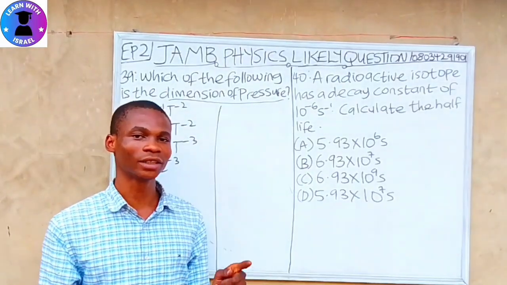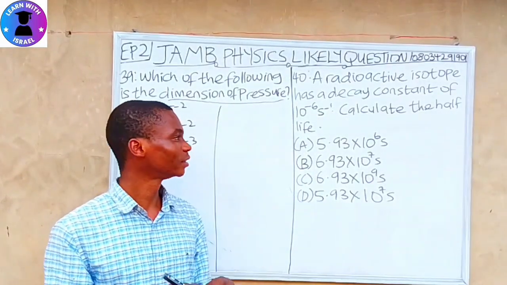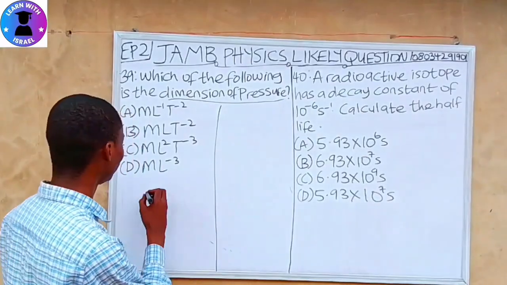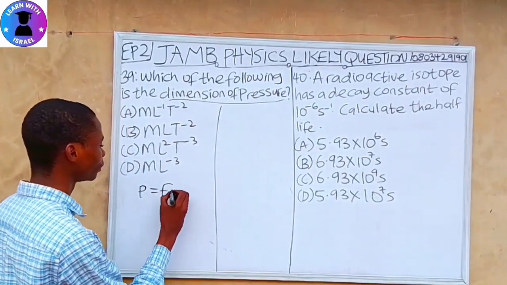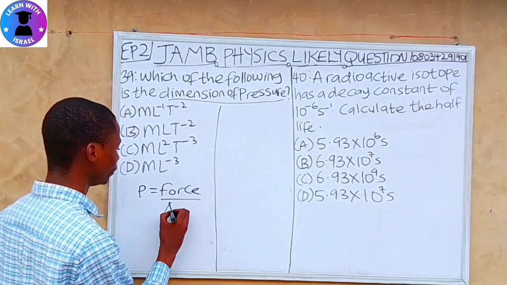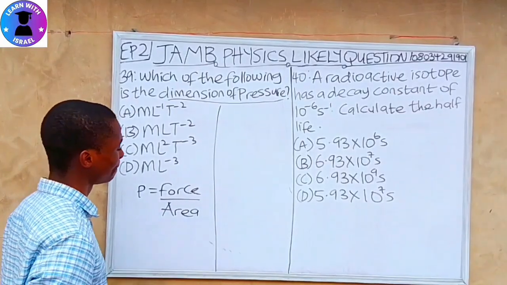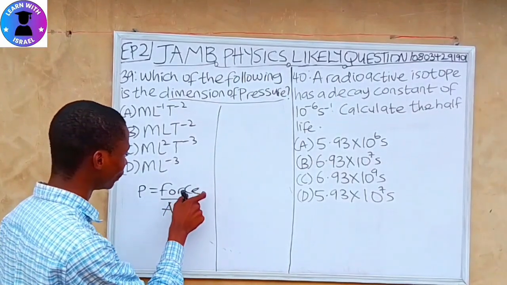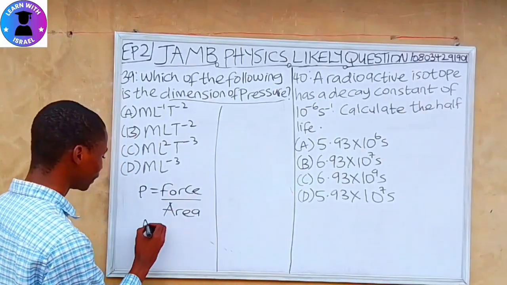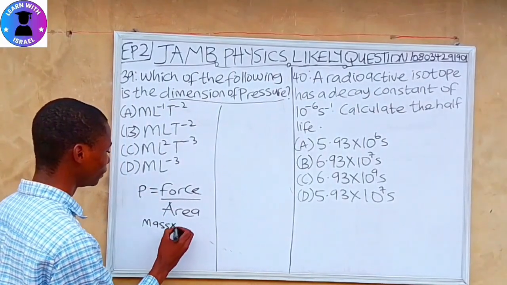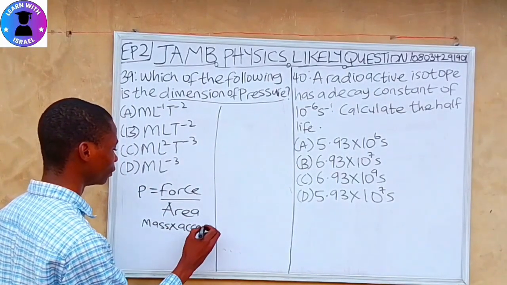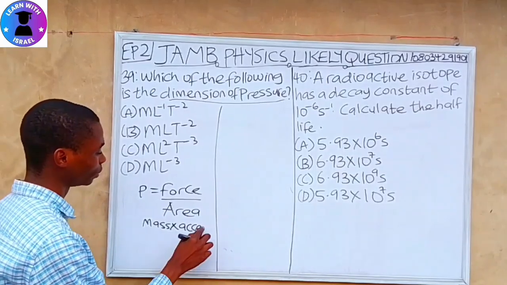Take it seriously. So the formula for pressure is force all over area. And the formula for force is mass times acceleration.